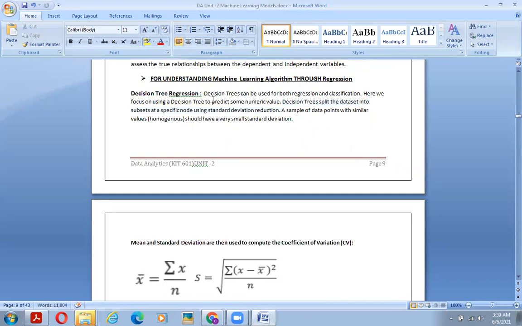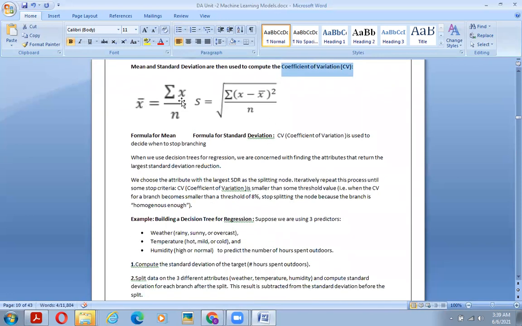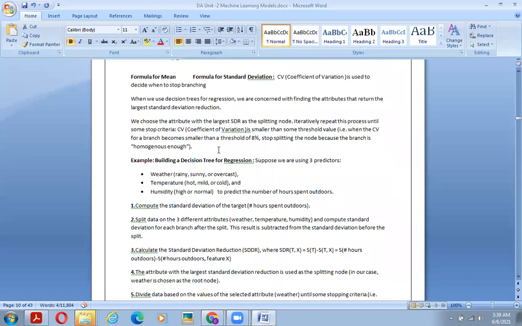Mean and standard deviation are then used to compute the coefficient of variation. This is the formula for the mean and the formula for the standard deviation, because we are comparing with the mean variables.